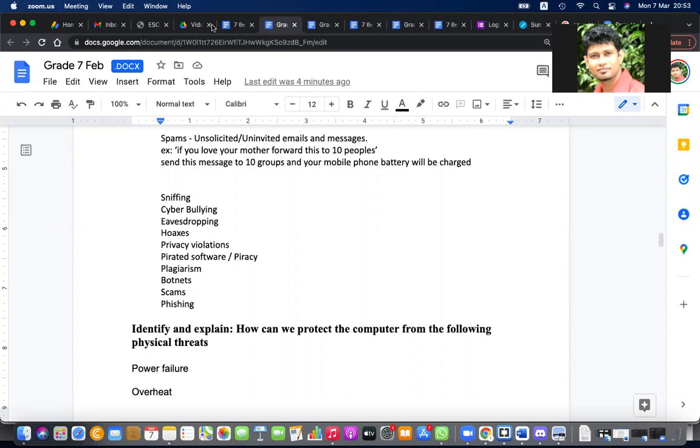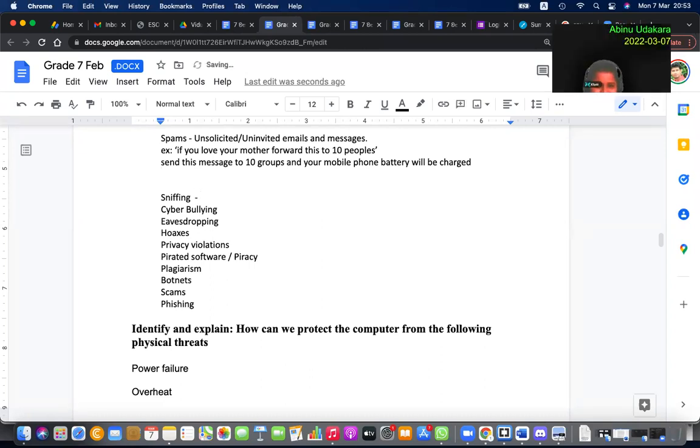Okay. Sniffing. What is sniffing? Listening to others' devices. Sniffing is especially something that happens in the network environment. So in a sniffing attack, what will happen?